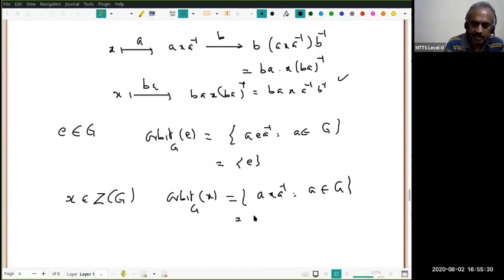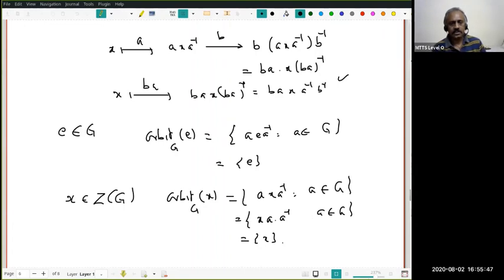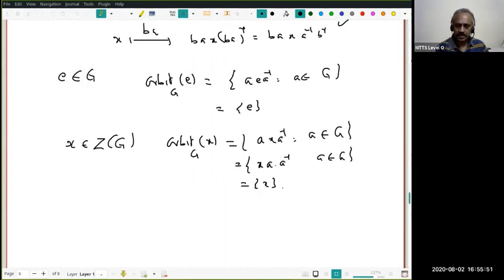Therefore, ax is the same as xa. Therefore, it's the same as x a a inverse, using associativity as well as the central nature, as a varies over G. But a a inverse is nothing other than identity, therefore it's simply x. So the orbit of any central element is itself the singleton {x}.